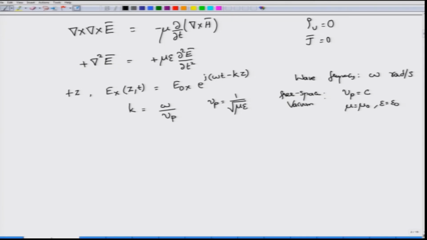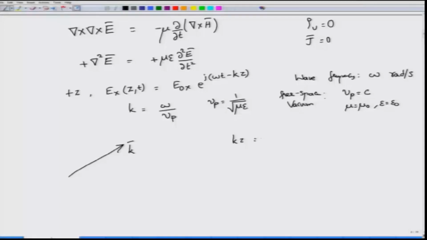Okay. So, this of course is not the only way you can have a wave. In fact, you can have a wave along a particular direction which is described by the propagation vector k. Okay. In the previous case, the propagation vector was directed along the z axis, because I can write kz as k into z hat dot z into z hat.